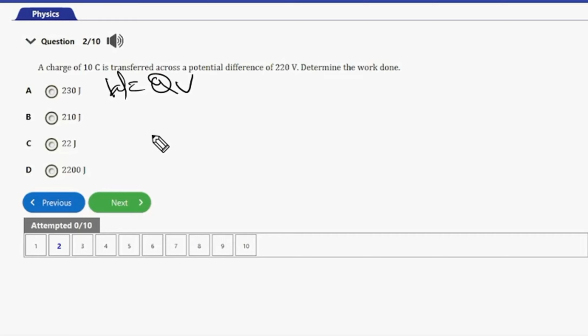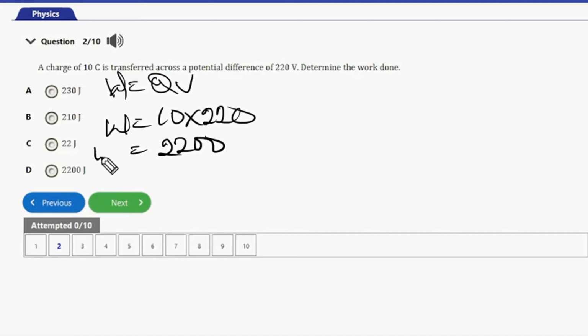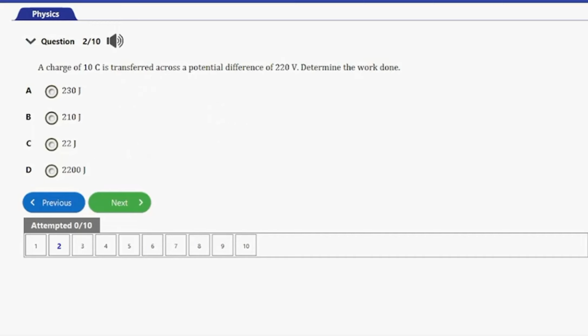So when we calculate this, we're going to have 10 here, which is the charge, times 220. So W is this, and then this will be equal to 2200 joules. So the answer to this question here is option D. So that's it for this question. Let's go ahead and wipe this, and then let's consider the next question, guys.